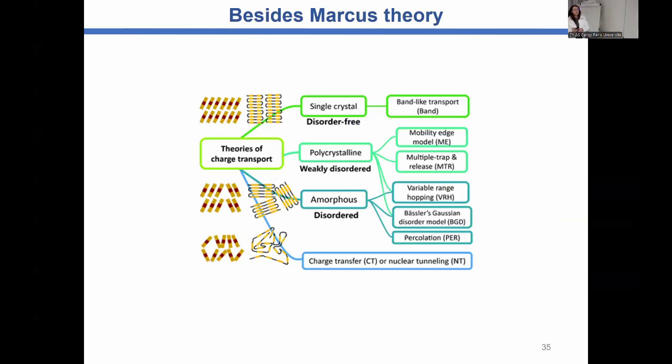So we don't have just a Marcus theory to explain the transports of organics, but we have several models.